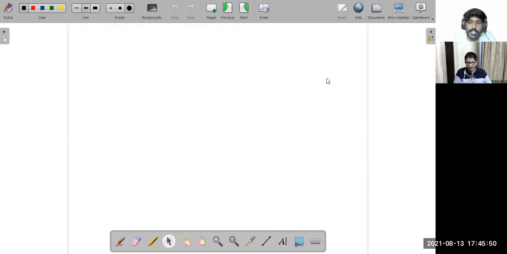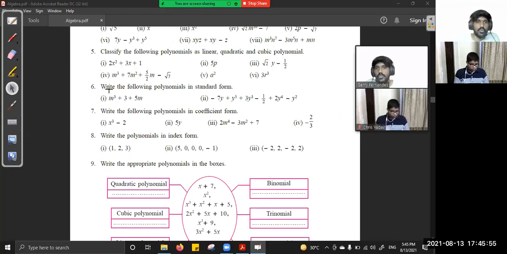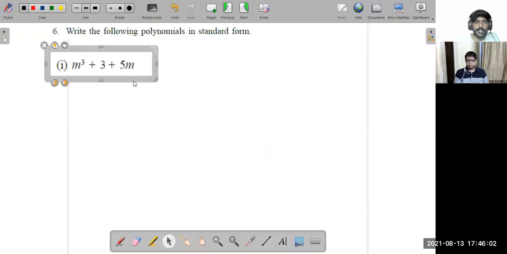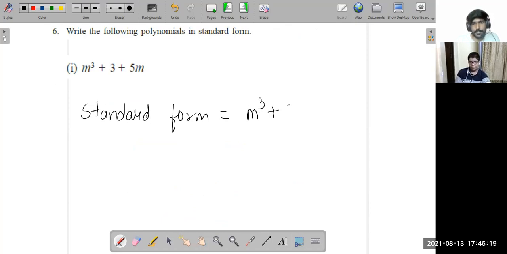Since you have recollected what standard form is, let's do the first one: m cube plus 3 plus 5m. So standard form, can you tell me? First, m cube plus 5m plus 3. Good.